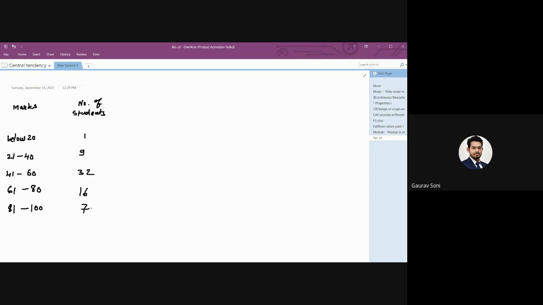So now, what should I do? The first step, look at the class intervals. Are they good? No, sir. Those are inclusive. We need to convert them to exclusive, and even if you convert them to exclusive, that is going to be a problem. So what we will do is convert them to class boundaries.